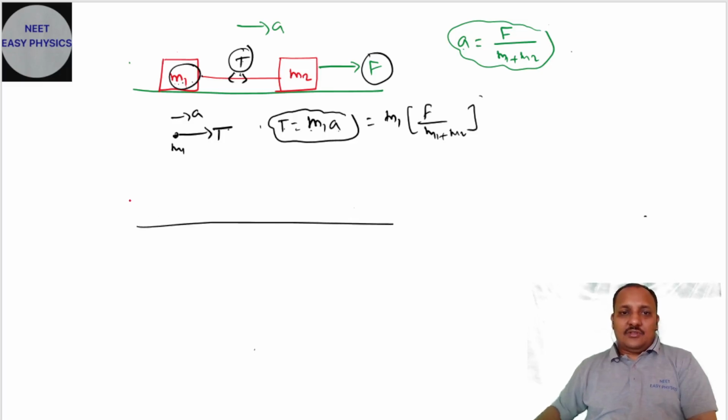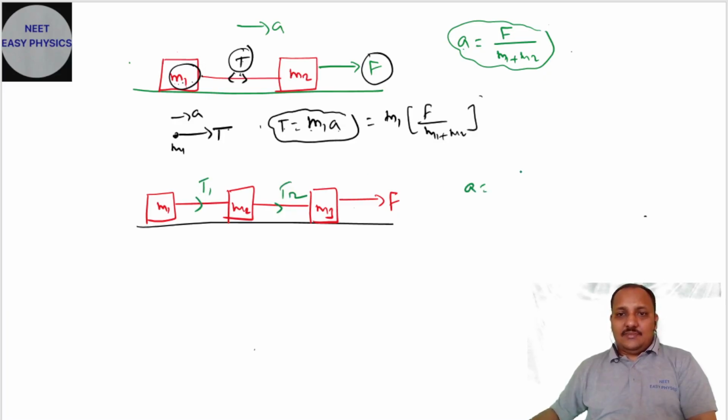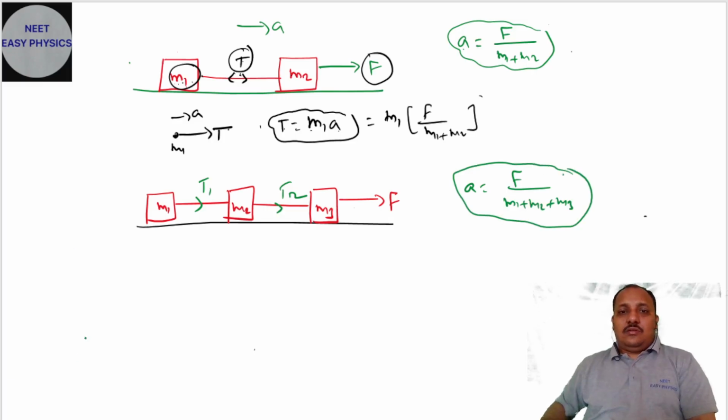If they give three blocks like this, let us say M1, M2, and M3, and you apply force F, what is the tensional force developed between 1 and 2? T1, T2. Acceleration will not change: net force by net mass, F by M1 plus M2 plus M3.